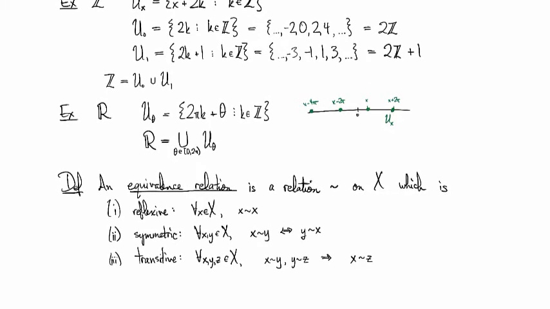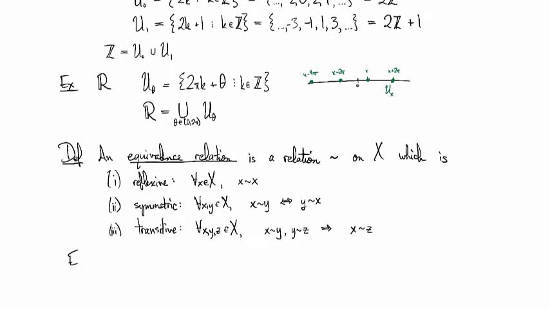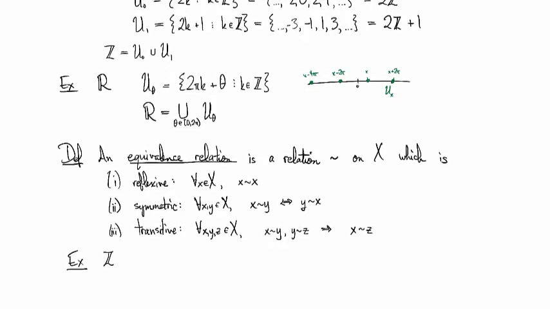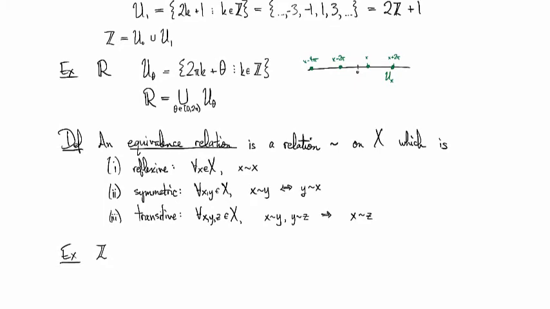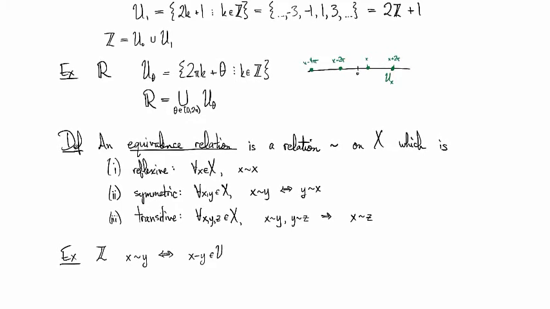And so the relation equals satisfies all of this, and an equivalence relation is in fact a generalization of the notion of equals. Okay, so if we go back to those two examples, let's go back to Z, and suppose I consider the equivalence relation where I say two things are equivalent if and only if their difference is in U_0.